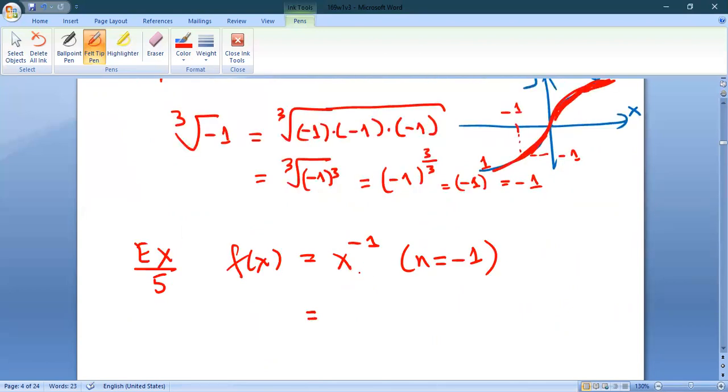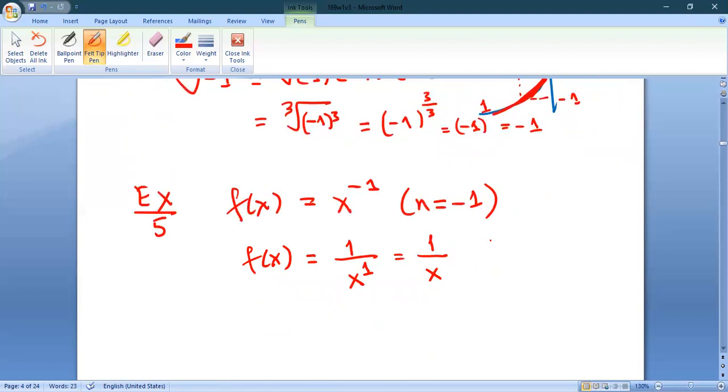If you have a negative power, that means you can write this with positive power if you write that x to the whatever power in the denominator. But x to the first power is equal to x again. So f of x equals x to the -1 is nothing but 1 over x. So when you sketch the graph of this function, you are going to see a graph like this.